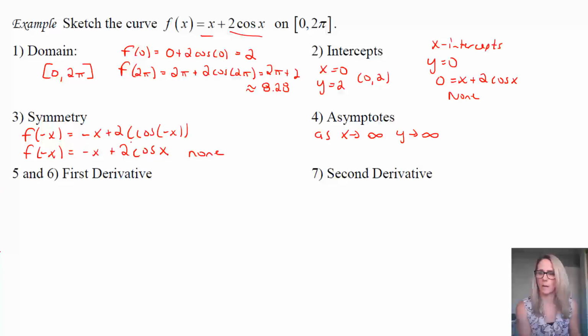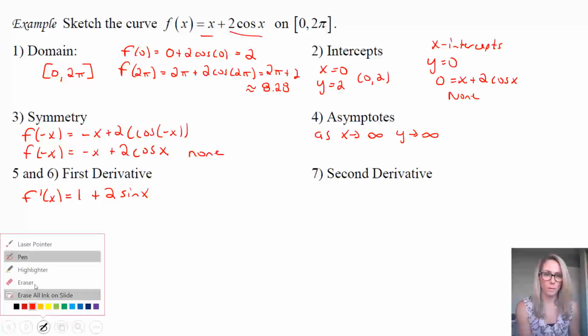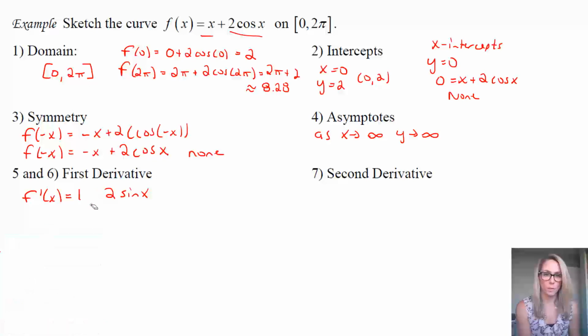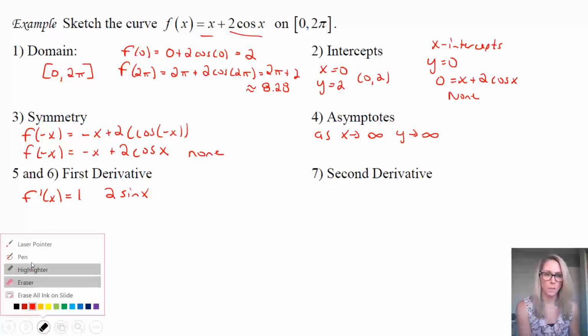But let's see if some of these derivatives help us. Let's see if that's something that's going to tell us something useful. If you want, you can pause, take your derivative, and make sure you get the same thing. Okay, so I get this, but I should have the negative. I should have just put that in, but I didn't.